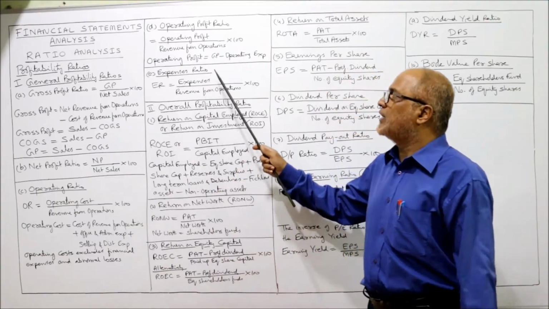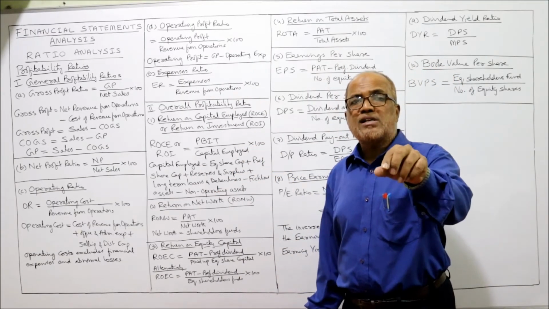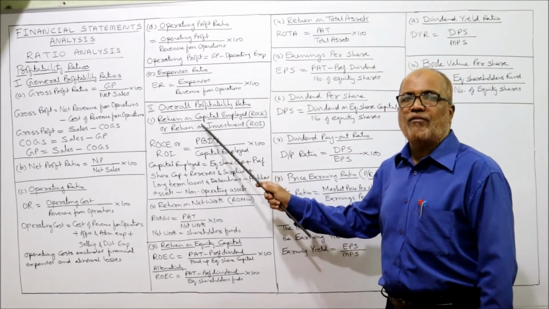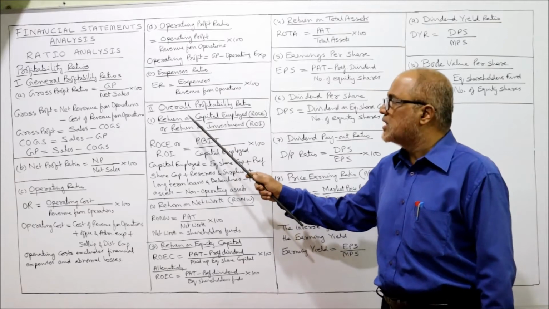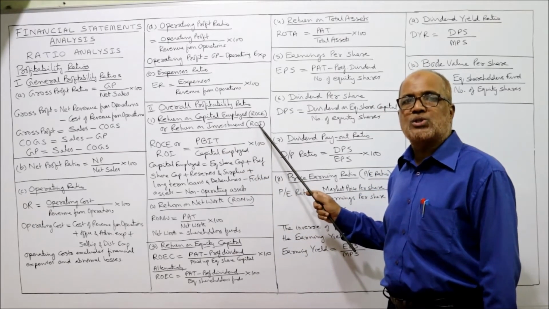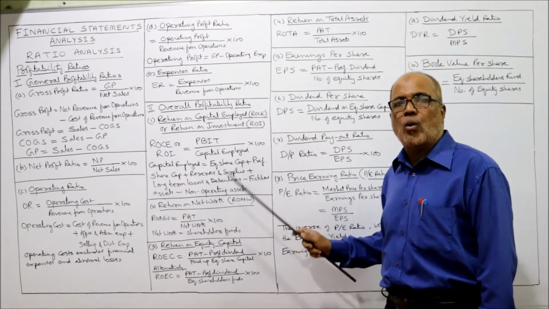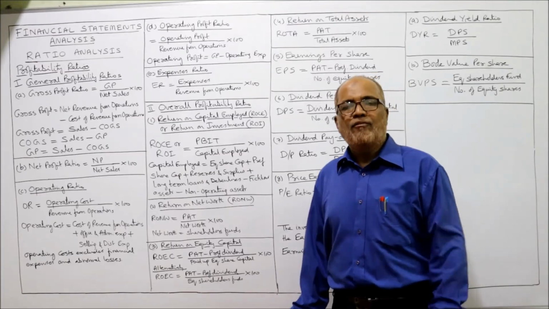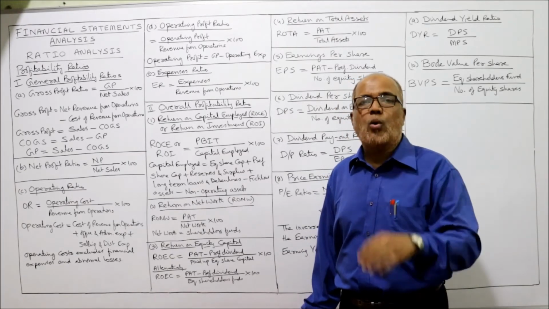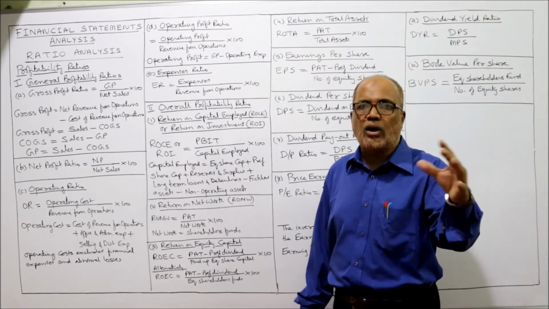Now overall profitability ratios. In these ratios, the profits are compared with the investment. So the first overall profitability ratio, a very important ratio, is return on capital employed. It is called ROCE or return on investment, ROI; both mean the same.